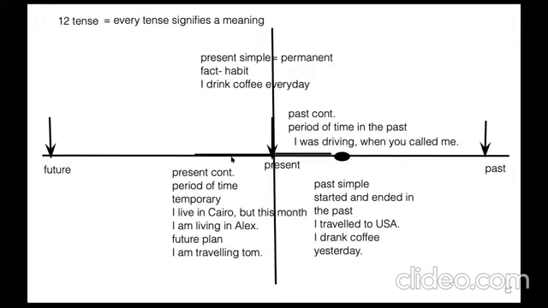These are for the first four tenses. The fifth one is the present perfect.